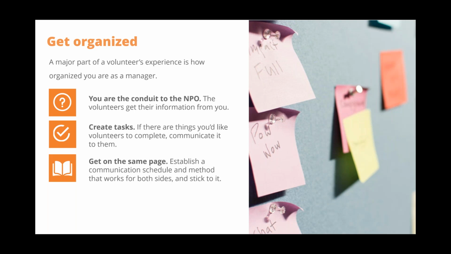And another part is to get on the same page. So establish a communication schedule and a method that works for both sides. And I can't stress this enough, stick to that, right? It is really frustrating as somebody that is managing a relationship, when you establish a way of communicating and nobody actually sticks to that.